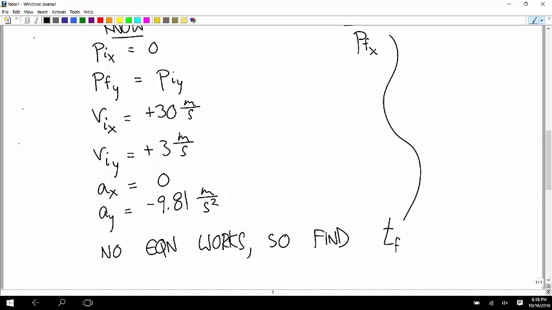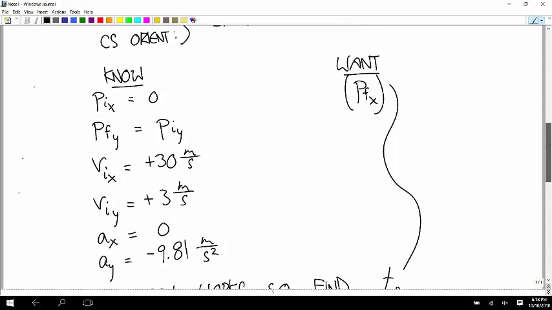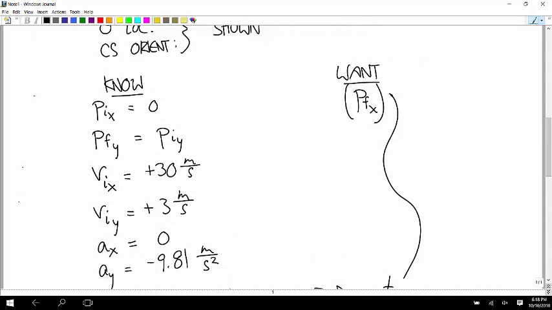So we'll hold off on trying to find p of x, and we'll try to find time final. So is there an equation that has time final in it and everything else is known?